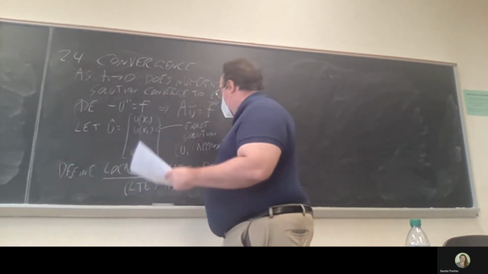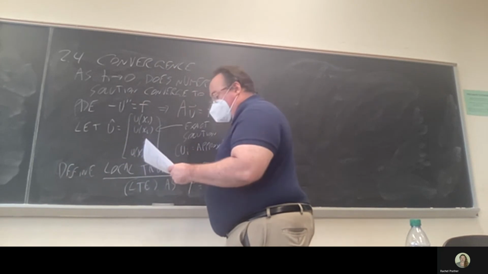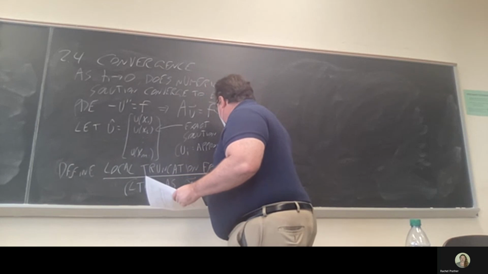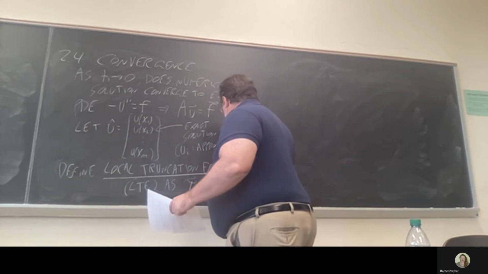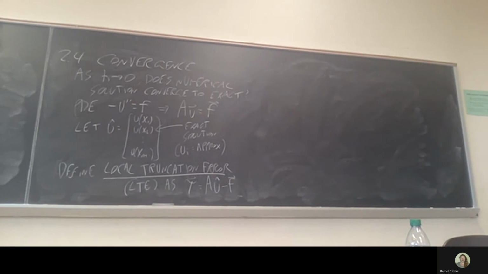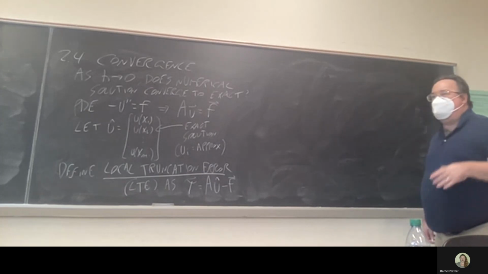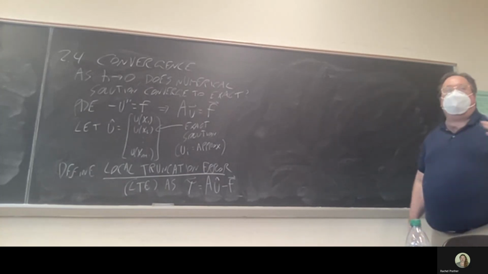And so that's the vector tau, and it's equal to A times U hat minus F. Now, that's my formal definition of local truncation error for this problem.